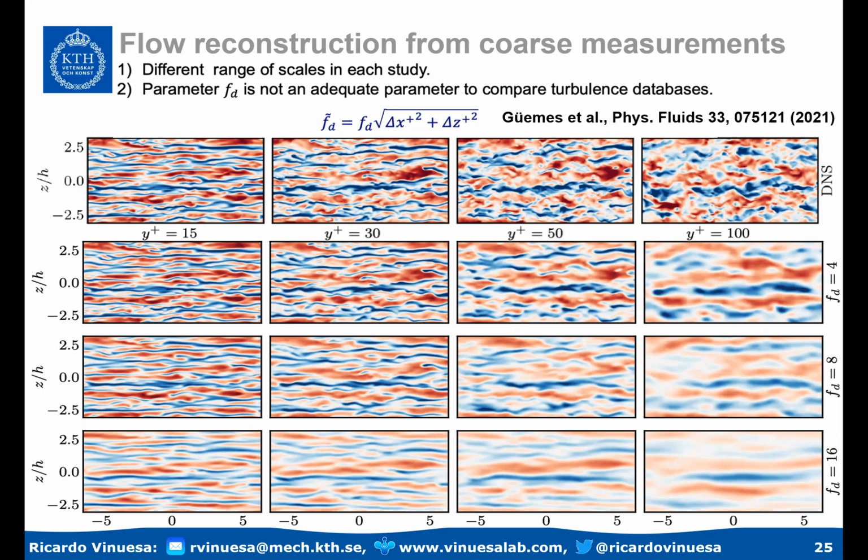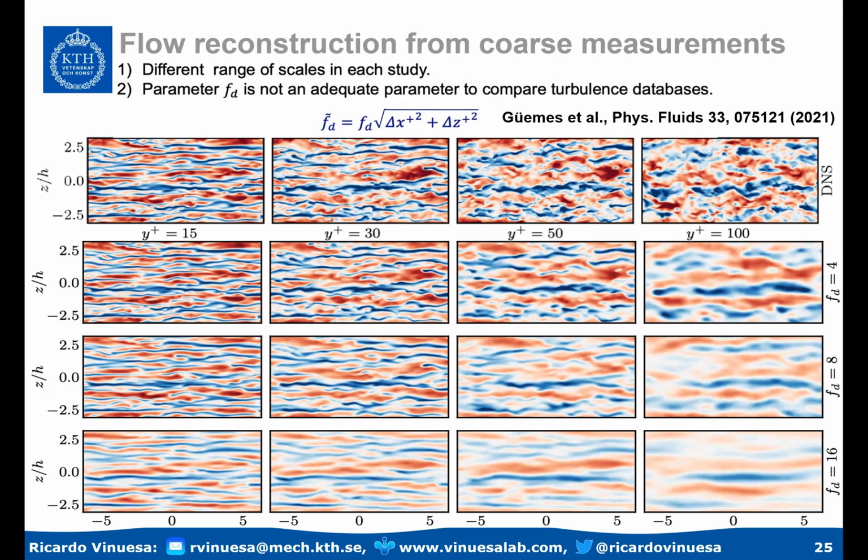And of course, that's more challenging because the input is very coarse and the data is very far away. But still, what you can see is that we can extract the location of the large-scale streaks. So I can actually find them. Of course, with quite some limitations, we're losing a lot of the details, but if we want to do large-scale control, we can still identify those features there.